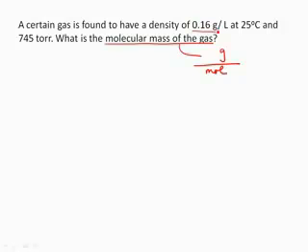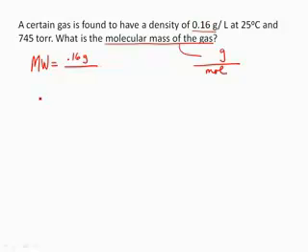So I can use this 0.16 grams for my molecular mass as long as when I find how many moles that is, I use a volume of 1 liter, because this is 0.16 grams per 1 liter.